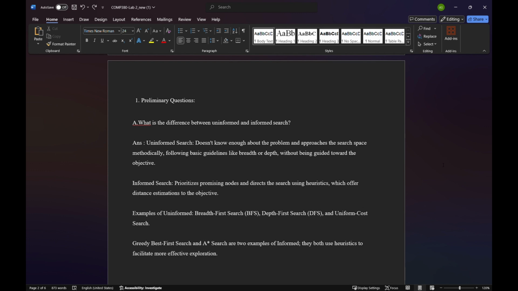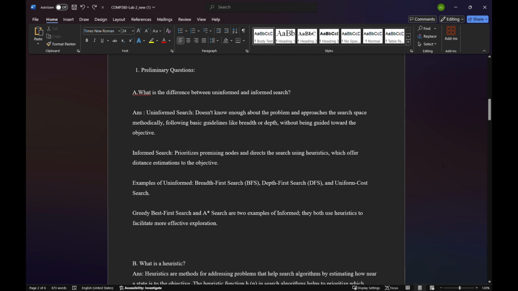Uninformed examples are BFS, DFS and uniform cost search, while the informed examples are A star and greedy best first search, which use heuristics to search more efficiently.